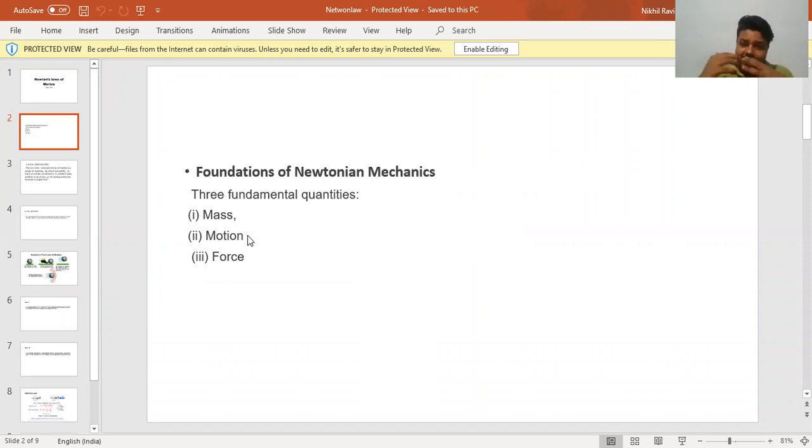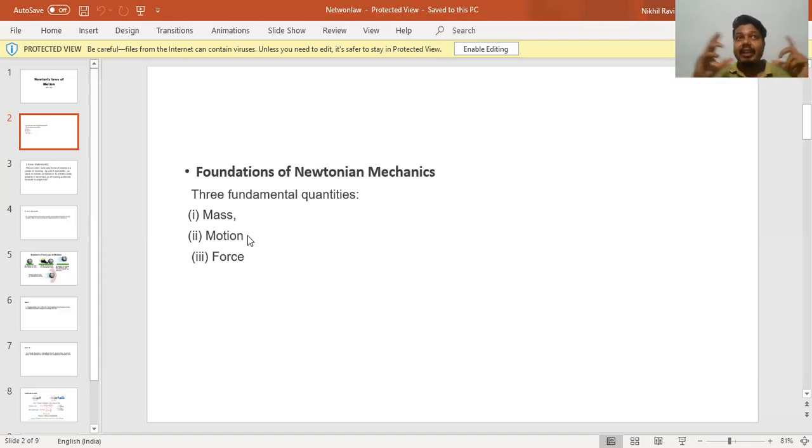When we are talking about the mass, what is the mass? In physics, it is the quantitative measure of inertia.